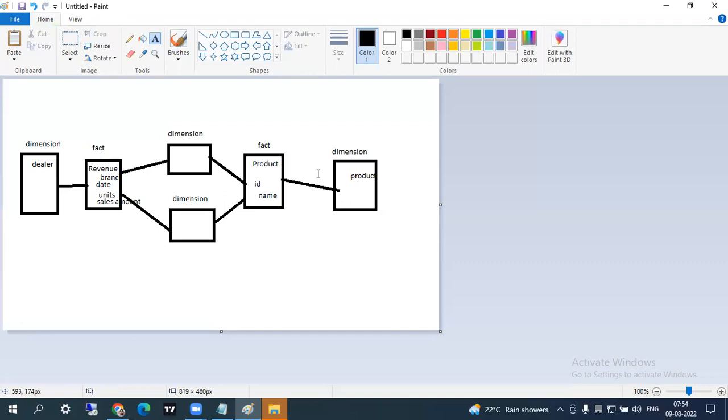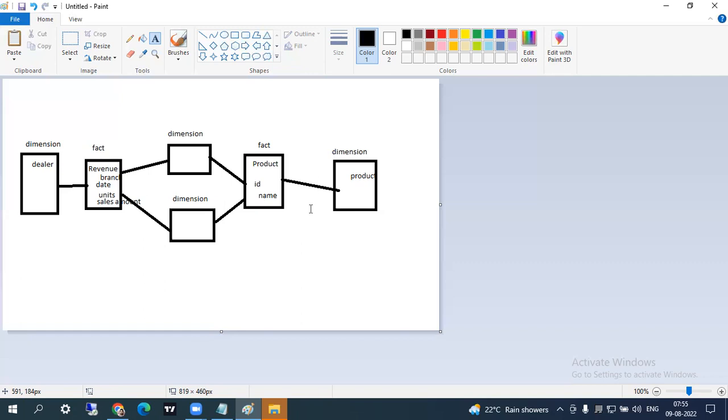Those dimensions we call conformed dimensions. And in this schema, you would have two fact tables, and around them you will have dimensions, and you can see the sharing of the dimensions in this schema. This is called a galaxy schema.